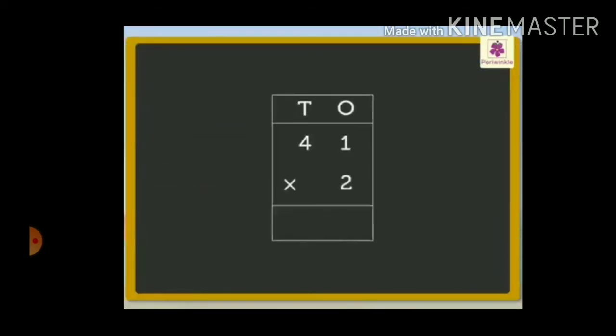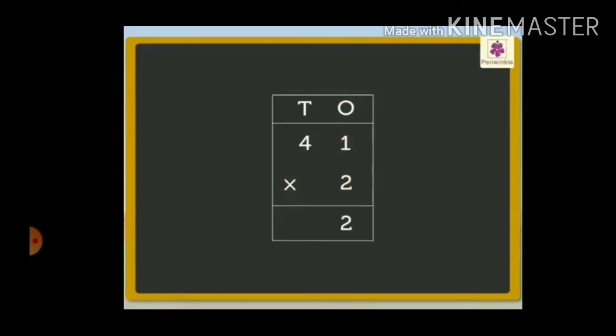First, write the numbers in the place value chart. Now, multiply the digit in the ones place with the multiplier 2. So, 1 into 2 is equal to 2 ones.